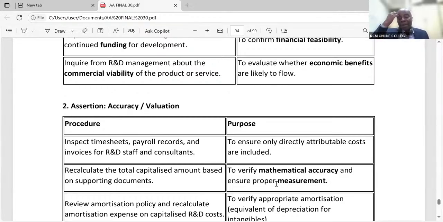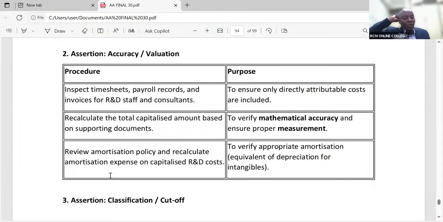Now, ladies and gentlemen, remember, these tangible assets, we depreciate tangible assets. PPE, we depreciate. But when this goodwill and any other intangible assets, whenever they lose value, we talk of amortization. So if in this case it's an intangible asset, then as an auditor, I would want to see how has this amortization been done?